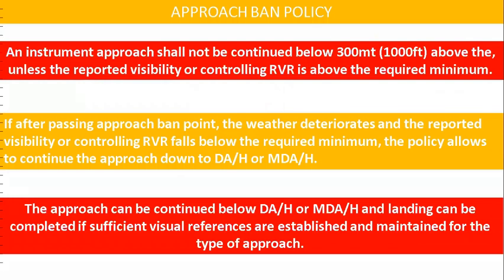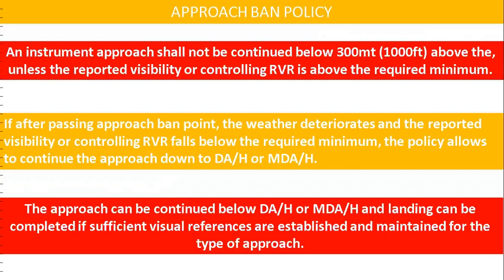So, if after passing the approach ban point, the weather deteriorates and the reported visibility or controlling RVR falls below the required minimum, the policy allows us to continue the approach down to the decision altitude or height, or minimum descent altitude or height.